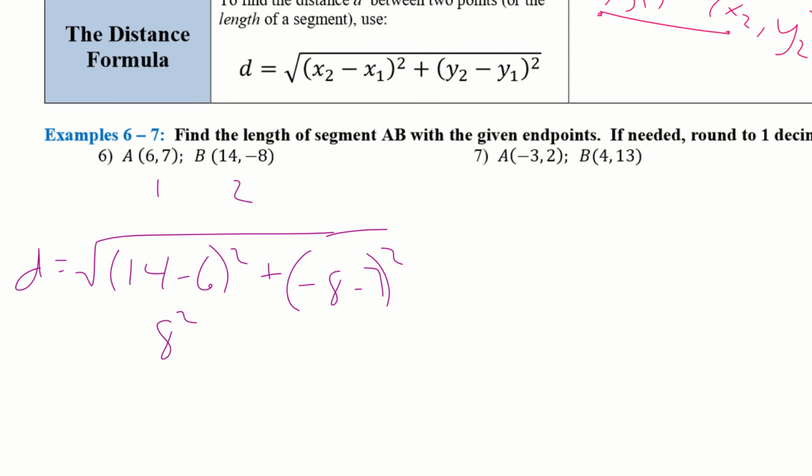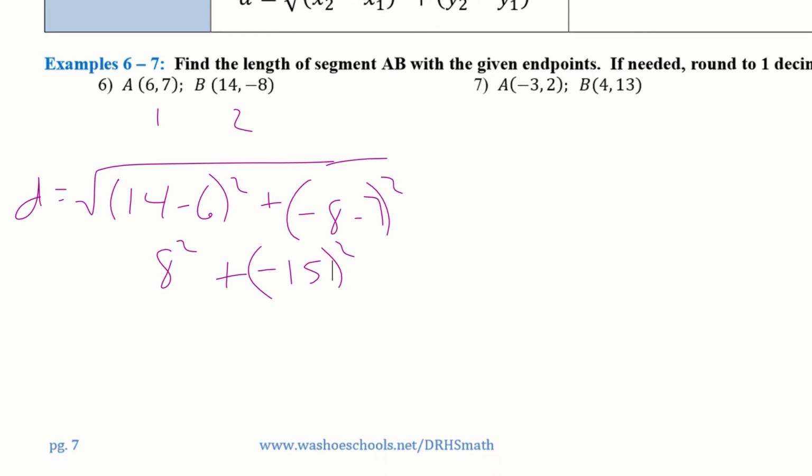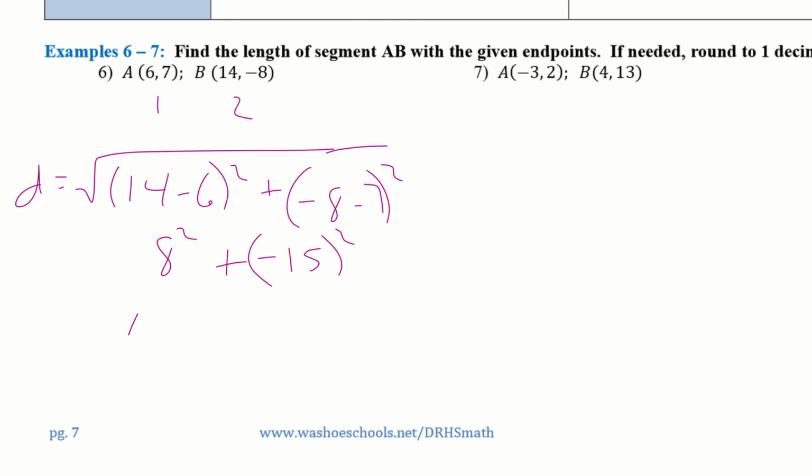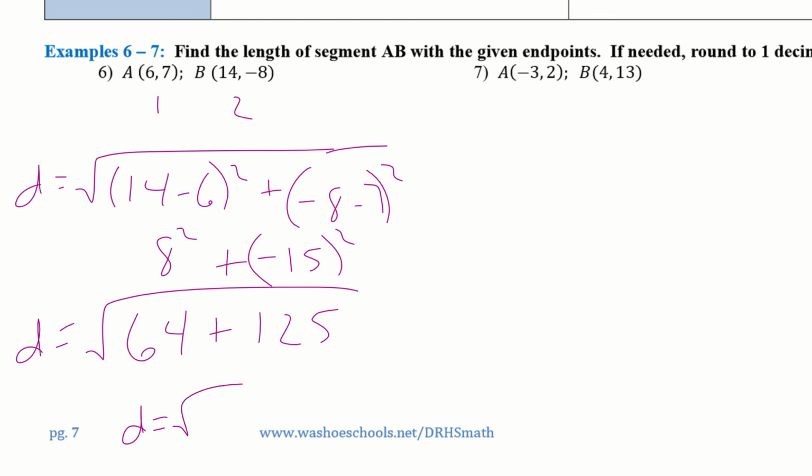So I have 8 squared plus negative 15 squared, so we have 64 plus 225. Then take the square root of that whole thing and it'll equal the distance. Now all I have to do is add those together and then we can take the square root. Alright, so D equals the square root of 289.